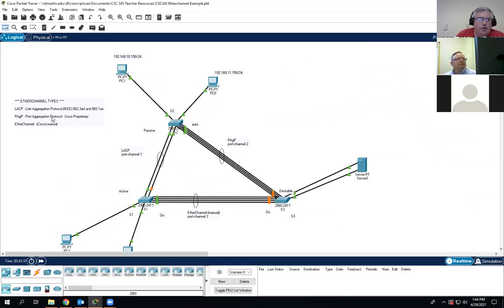So we have different types of Ether channels, or NIC teaming, or port aggregation. Basically you're taking multiple interfaces on a switch or on a server and combining them to get more bandwidth as well as redundancy, so it's more reliable.